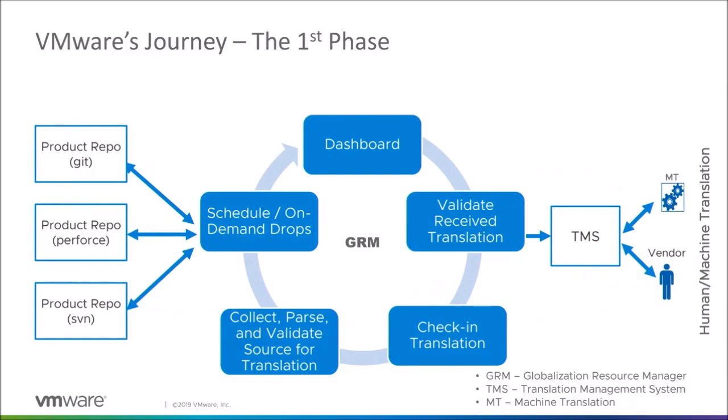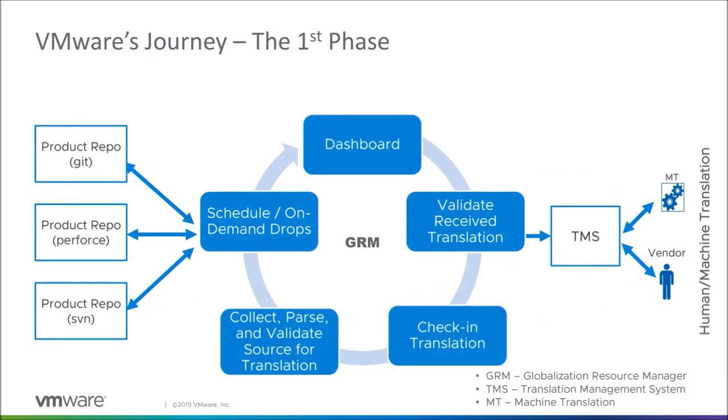And the second task is also to mitigate what the TMS couldn't do. For translators, if we only use the TMS, usually they get tons of different file formats for translation, right? So we want to avoid that so that the translators can just deal with one format.